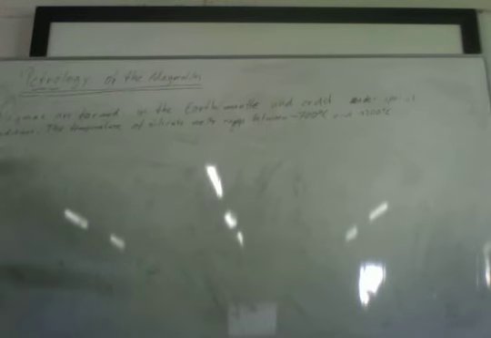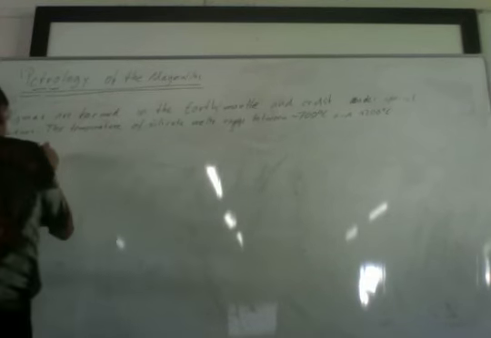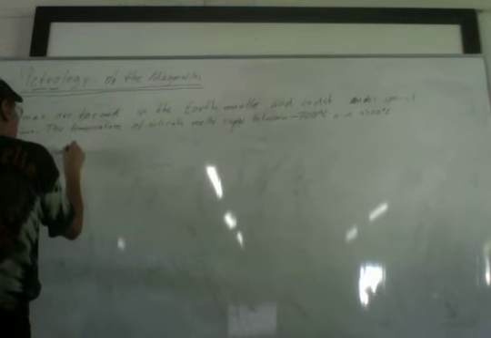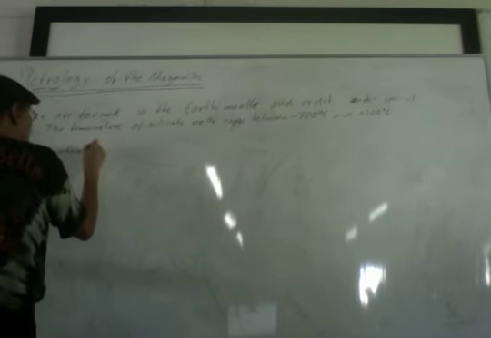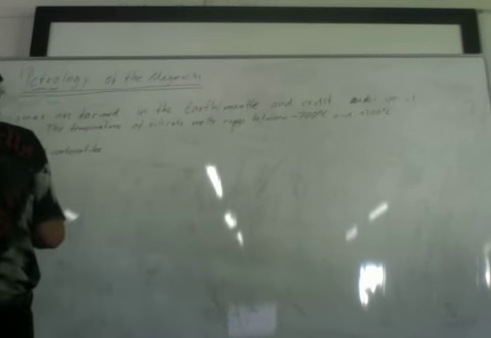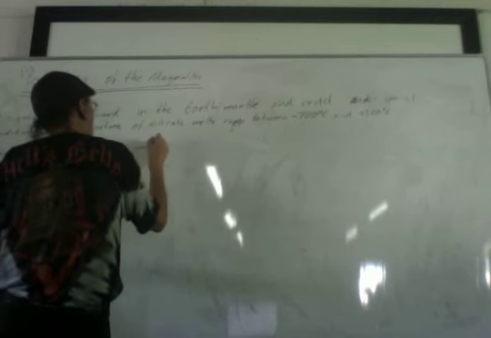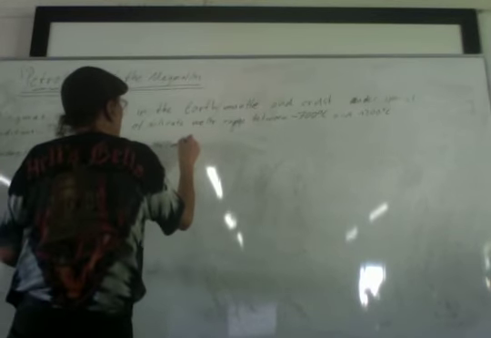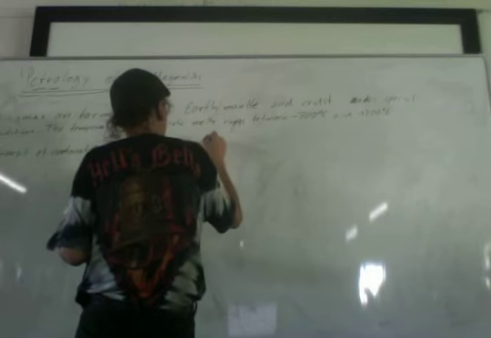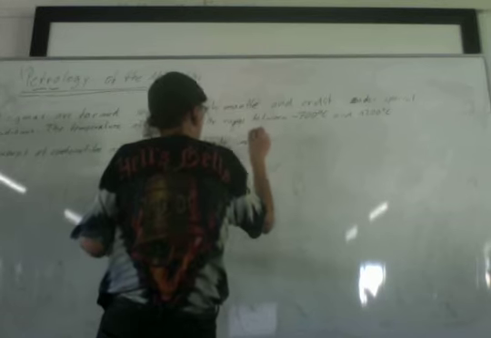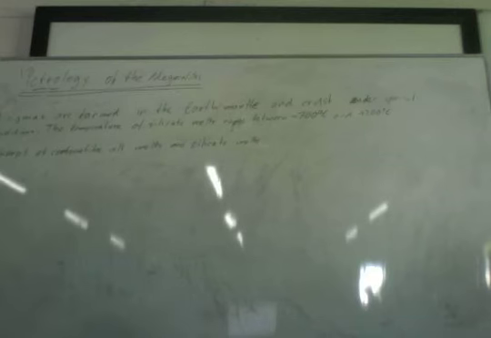So then except for carbonatites, and we will also talk in class about carbonatites, all melts are silicate melts. So except for carbonatites, all melts are silicate melts.